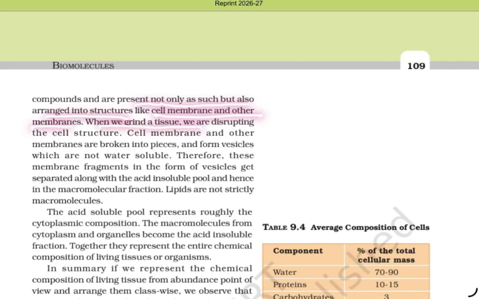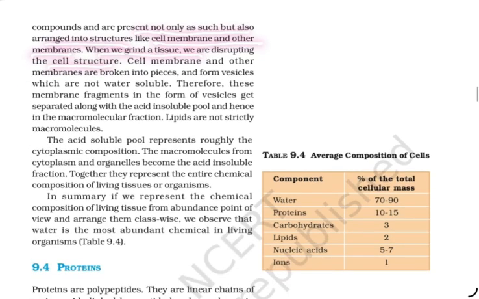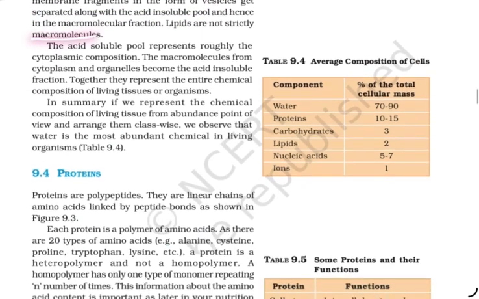When we grind a tissue, we are disrupting the cell structure. The cell membrane and other membranes are broken into pieces, forming vesicles which are not water soluble. Therefore, these membrane fragments in the form of vesicles get separated along with the acid insoluble pool. Hence, it is a macromolecular fraction. Lipids are not strictly macromolecules.